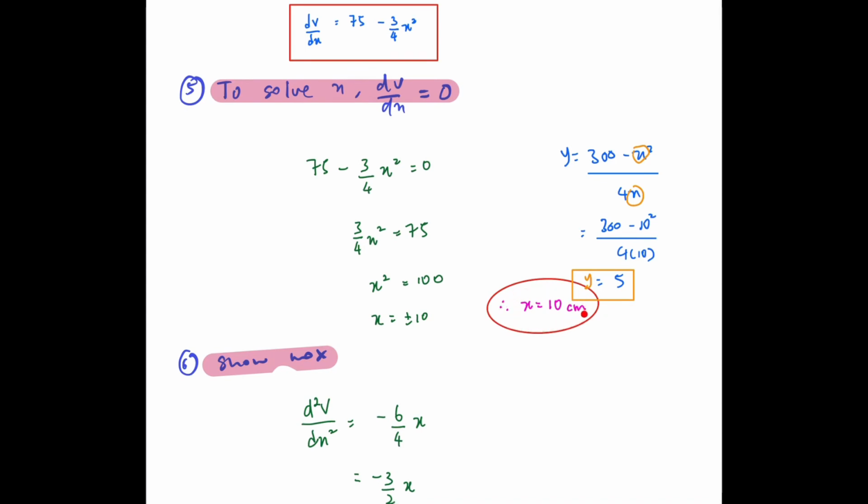We need to do second derivative and then we need to check whether it is positive or negative. So from dV over dx here, let us find the second derivative. So just use power rule, bring down the power reduced by 1. So this is minus 6 over 4x. Let us simplify. This is just minus 3 over 2x.